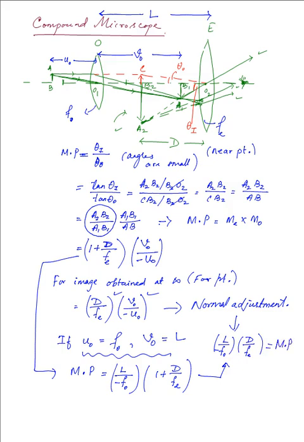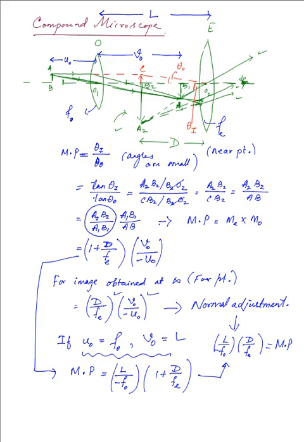So the magnifying power now becomes L times D over the product of the focal lengths of the objective and the eyepiece. The negative sign shows that the image is inverted, so you can take it like that. So this is how we obtain the magnifying power of a compound microscope.